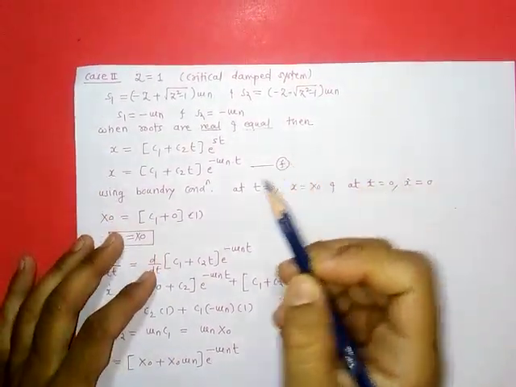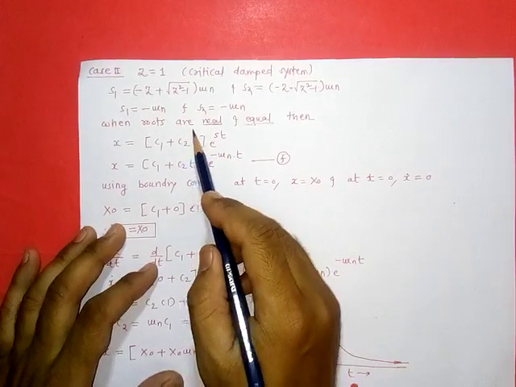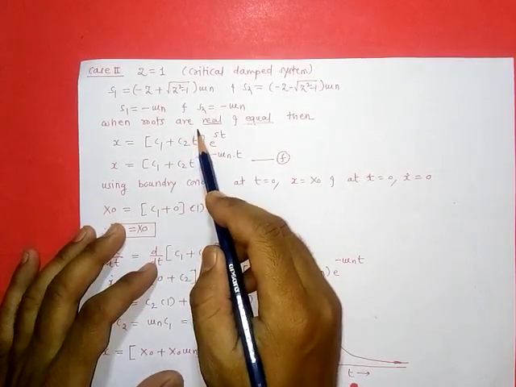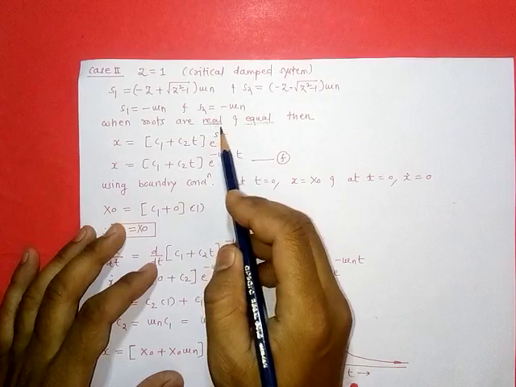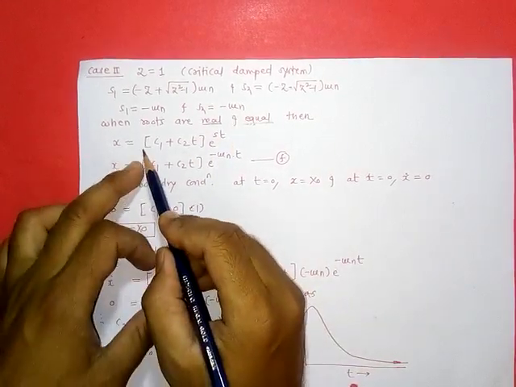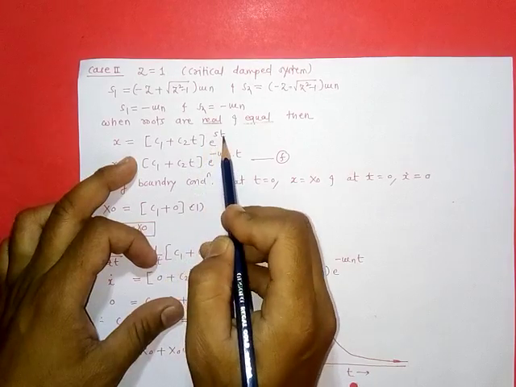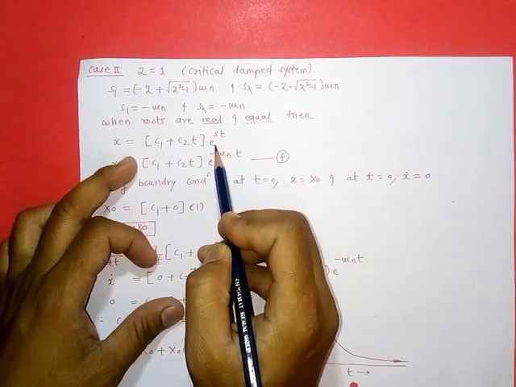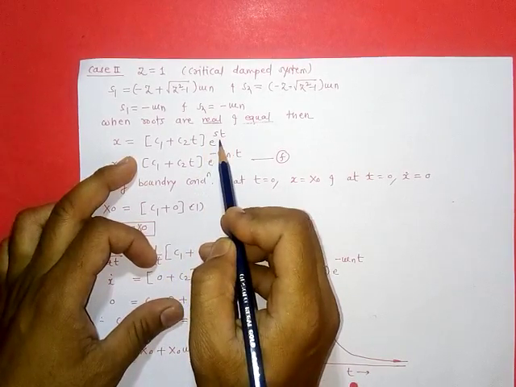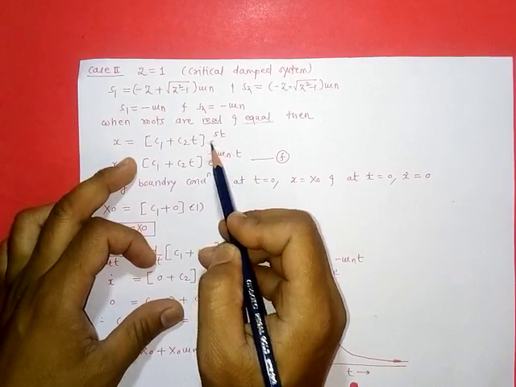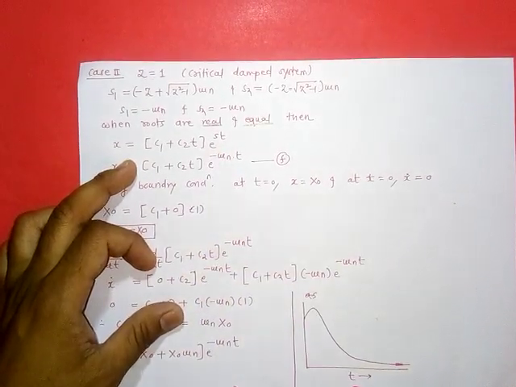We know that for linear differential equations, when roots are real and equal, the solution is given by x equal to (c1 plus c2 t) into e raised to s t. This is the nature of the solution when roots are real and equal.